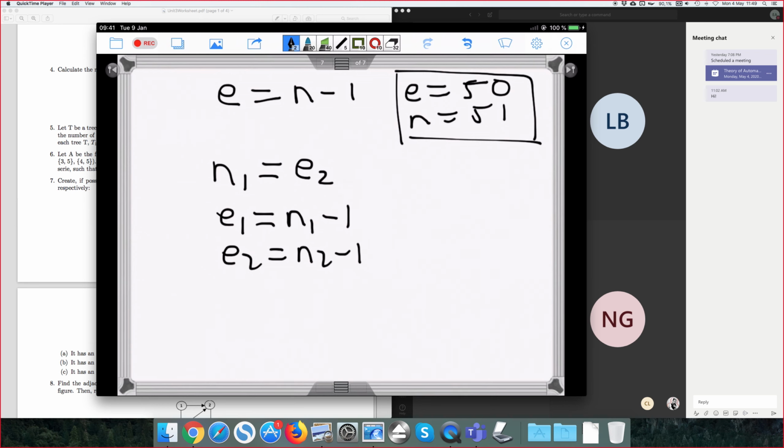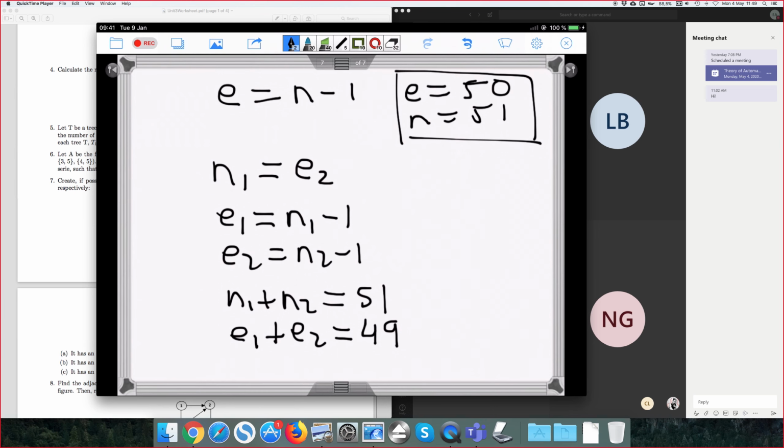We also know that N1 plus N2 is equal to 51, because I have not removed any vertex, so the total number of vertices is still 51. And E1 plus E2 is equal to 49 because I have removed one edge.